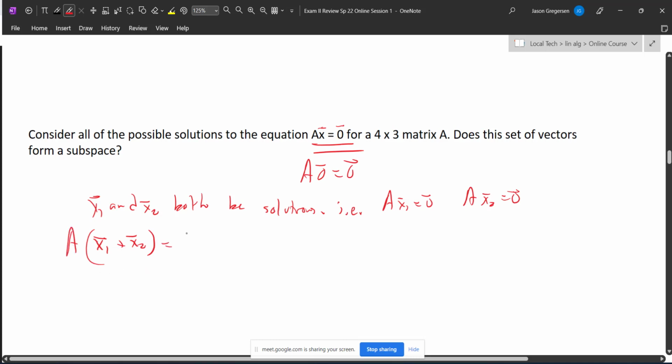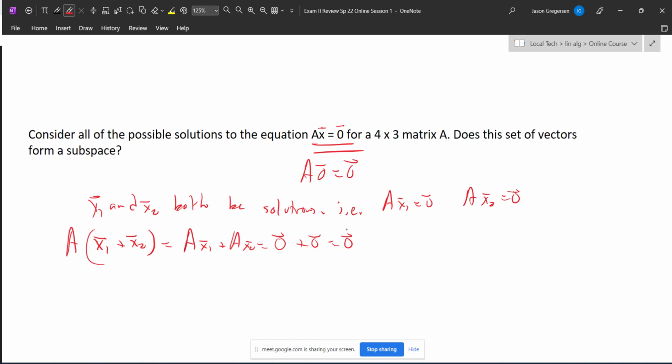And if we multiplied that by A and distributed, we would get 0 plus 0, which would equal 0. So it tells me if I take any two vectors in the space, I add them together, I still have another solution. I still have a vector in the space. So it's closed under vector addition. And we could show that it's also closed under scalar multiplication as well.